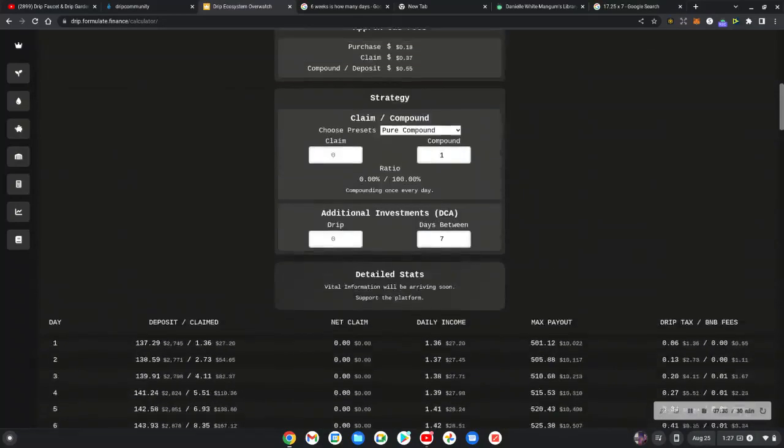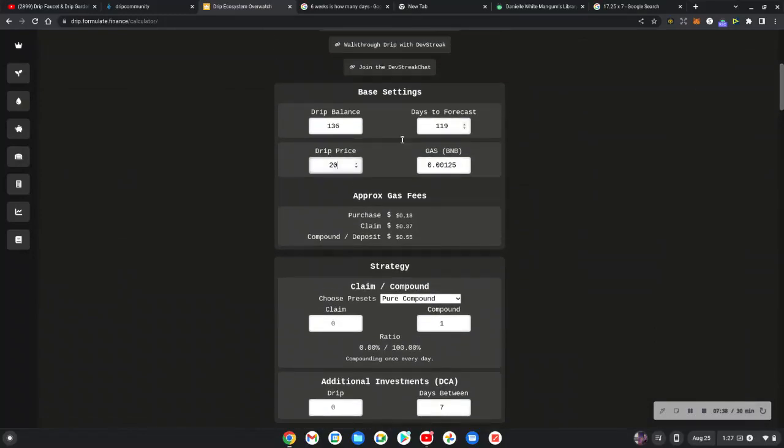So in case drip went to, let's say, when everything gets on and all the hype and all the more money going into drip and stuff. What if drip went to $50? Let's just say that for a scenario.